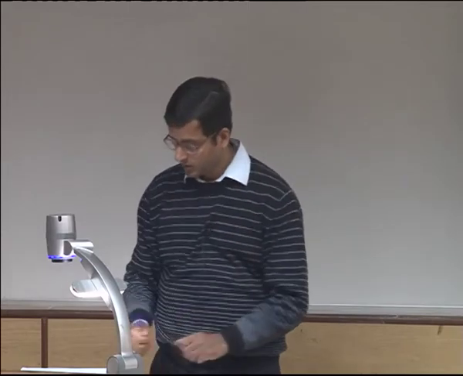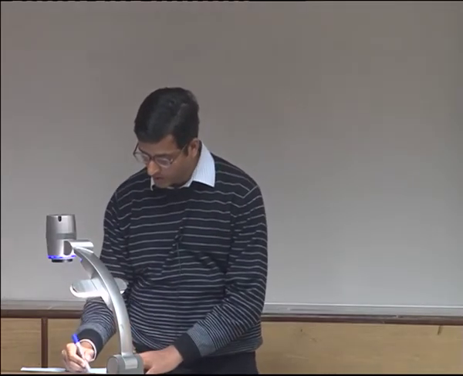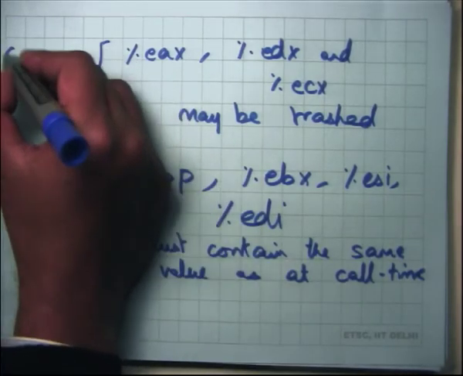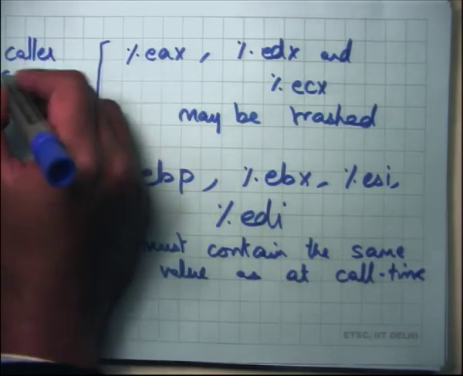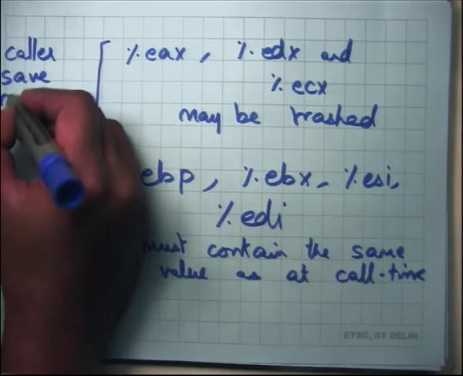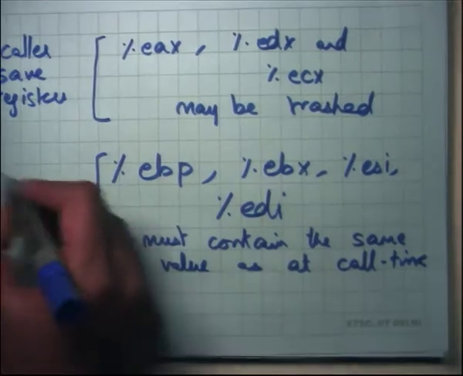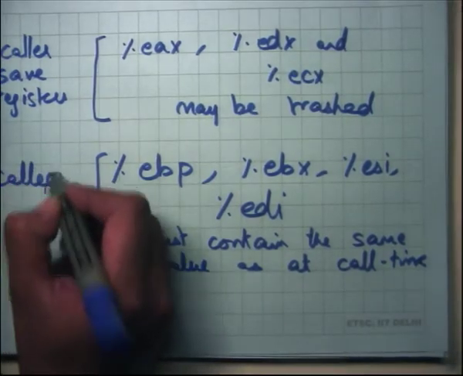Okay. So the terminology is, these are called caller save registers, and these are called callee save registers.